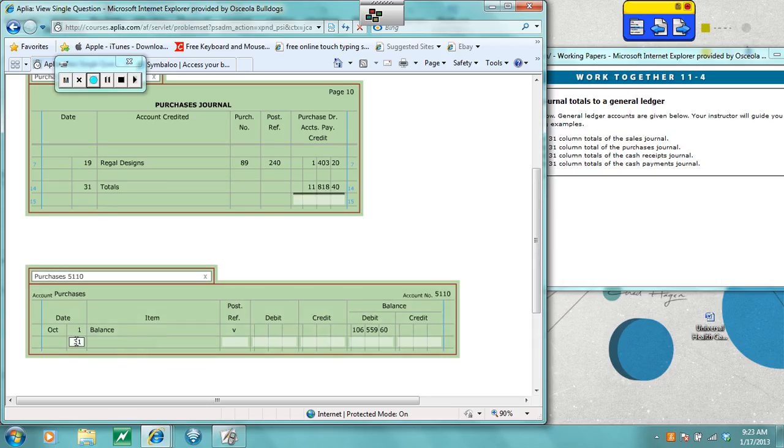It's the 31st. This is the purchase journal, page 10. Debit, $11,818.40. And a debit plus a debit equals a bigger debit. So you're adding.